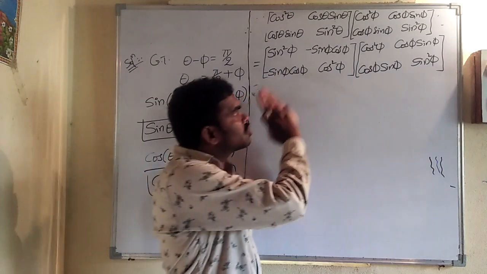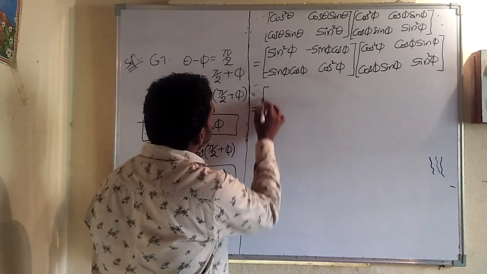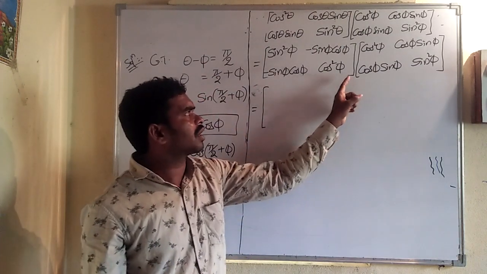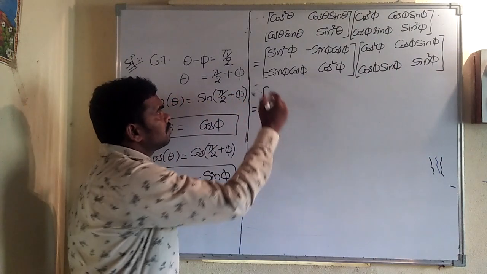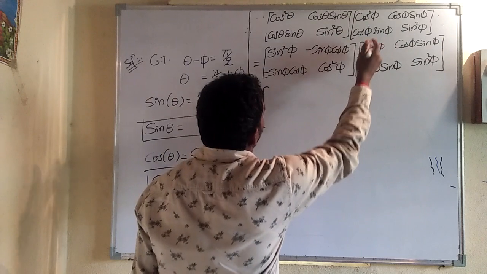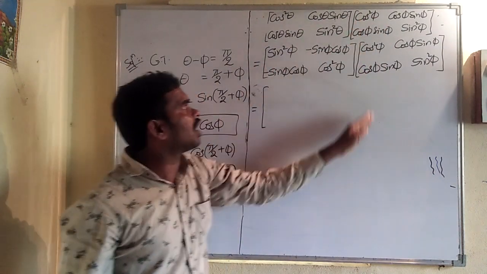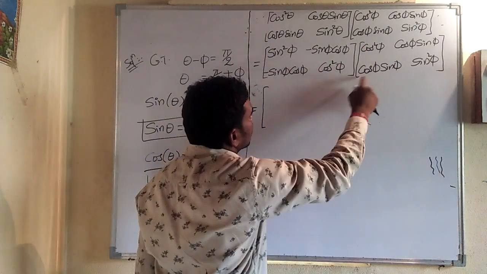Now multiplying these two matrices. How can we multiply? Yes, we can multiply if the number of columns equals the number of rows. That is very clear. How to multiply? First row with first column. Sin square phi, sin phi cos phi into cos square phi, cos phi sin phi.